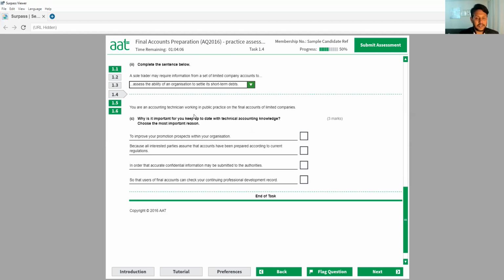You are an accounting technician working in public practice on the final accounts of limited companies. Why is it important for you to keep up to date with technical accounting knowledge? It's very important to keep yourself up to date because, let's say you become an accountant, it is not the end.